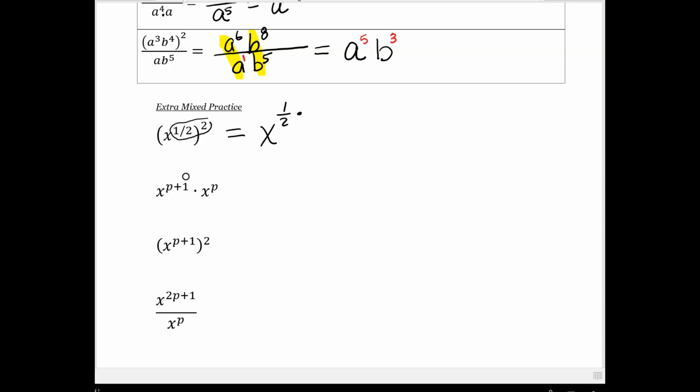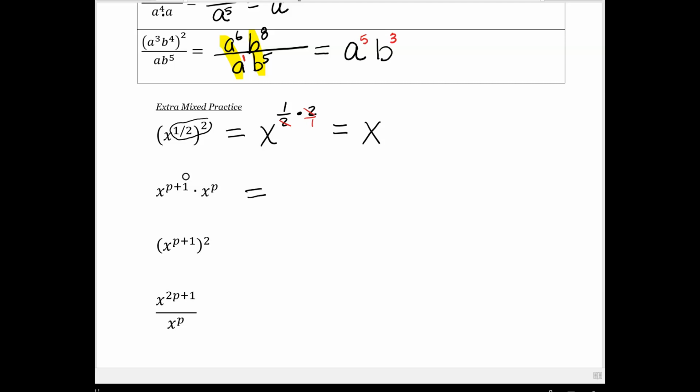How do you multiply 1/2 times 2? Some people will say, put the 1 under the 2. Okay, that's fine. What else? You can multiply across. You can cross cancel. I like cross canceling. The 2's cancel out, leaving us with x to the 1st power. But again, 1 is understood. You don't write 1 as an exponent.